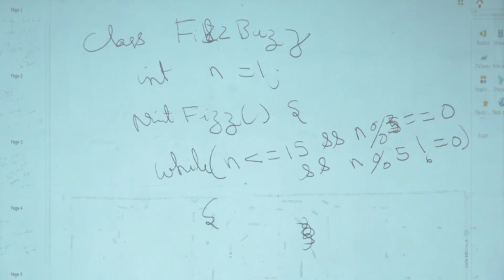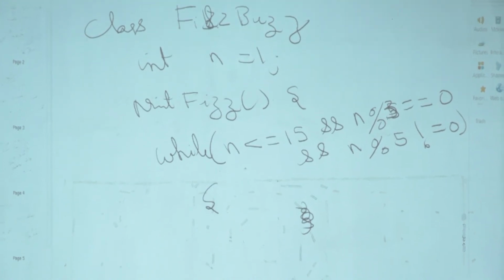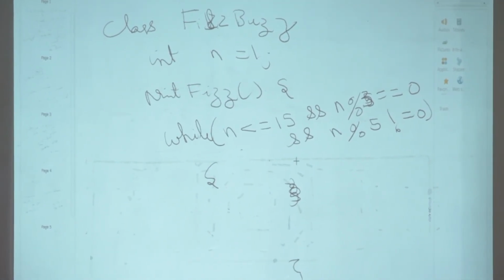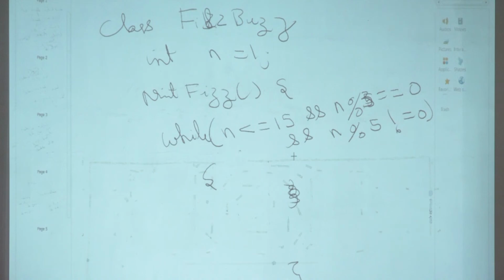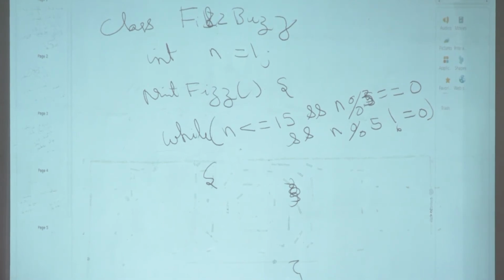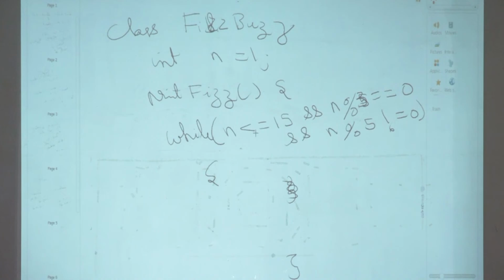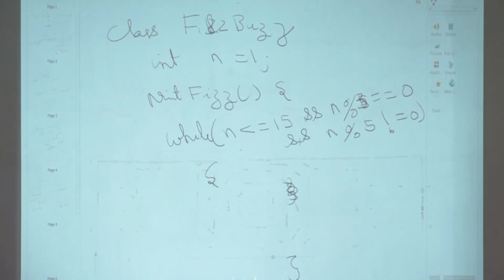This is the condition for fizz. n should be less than or equal to 15. We have put this restriction. You can introduce this as a parameter also to the constructor and set it max value or something. So while n less than or equal to 15 and n is divisible by 3 and n is not divisible by 5, then what do? Then wait.